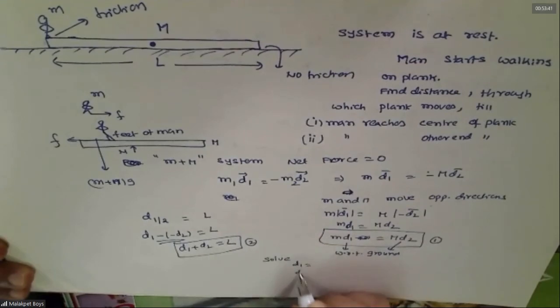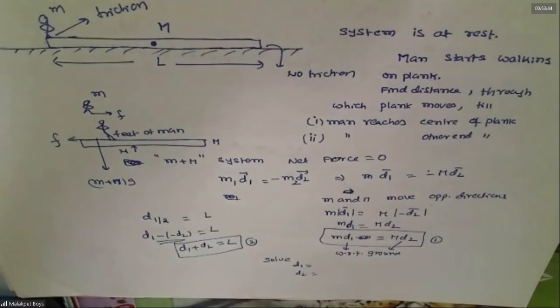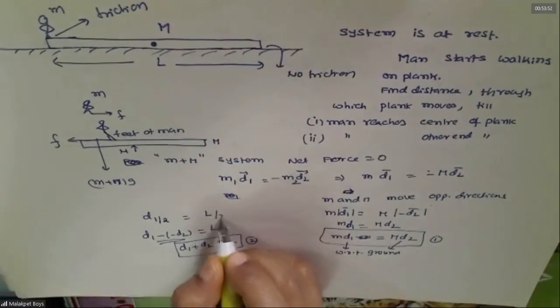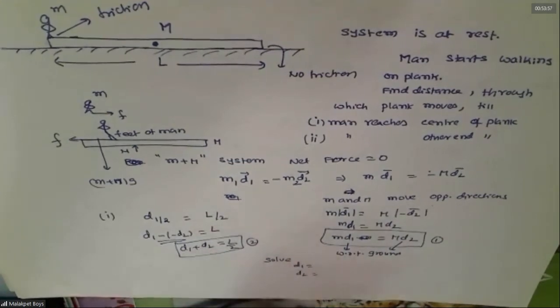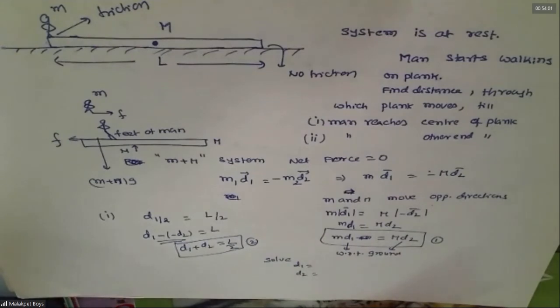Displacement of the man with respect to the ground you will get. Initially it is L by 2, first part. Now solve this, you will get both. Understood the method? Clear? Yes, sir.